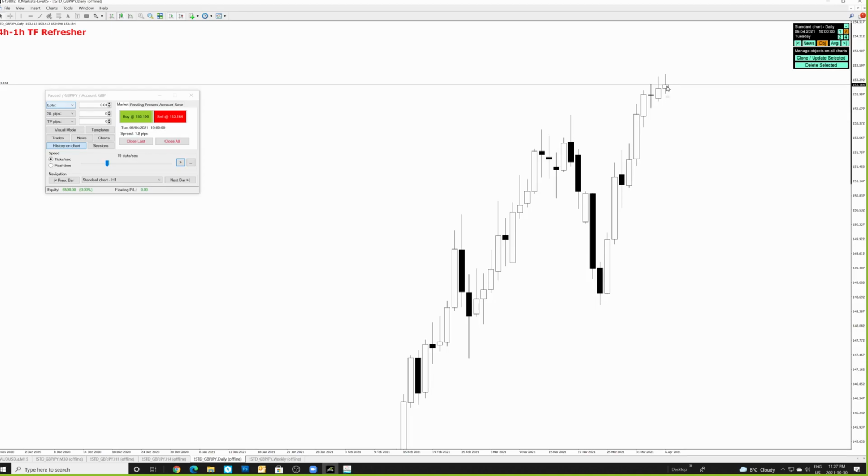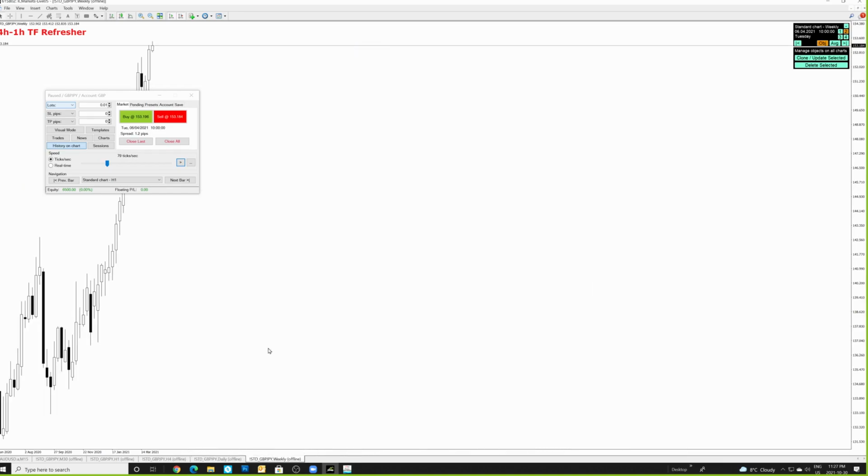If the daily has moved up a lot and we've broken above this resistance at 152, we moved up, we haven't had any retracement, so maybe that move down on small time frames may mean some sort of retracement on the daily. Make sense? Even though the daily is breaking the highs and breaking the lows, you've got to use some sort of cognitive analysis that maybe the daily is in need of a retracement.